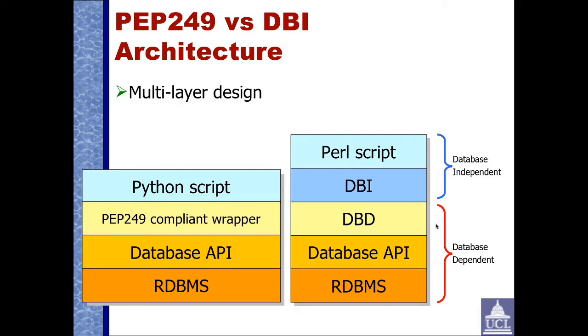Now, that has some advantages because these wrappers that are written here for Python, a PEP249 compliant wrapper, which is database specific, may be compliant to different levels. It may not follow the rules exactly as it should. Whereas because in the Perl approach we have this DBI layer which is database independent, we know that that is a piece of existing software which will always follow the description of the API exactly.